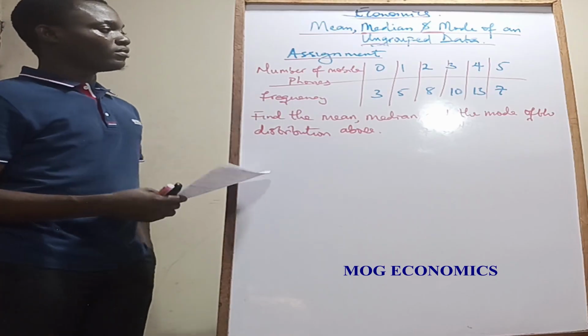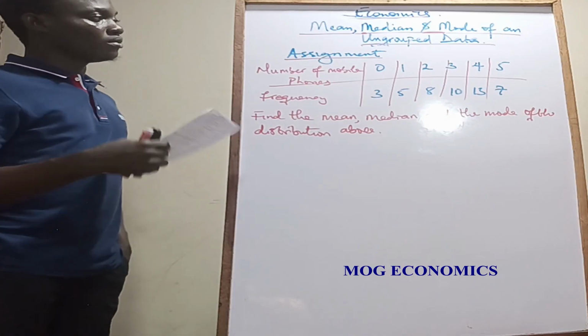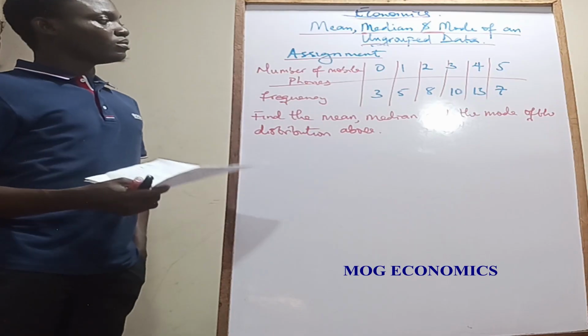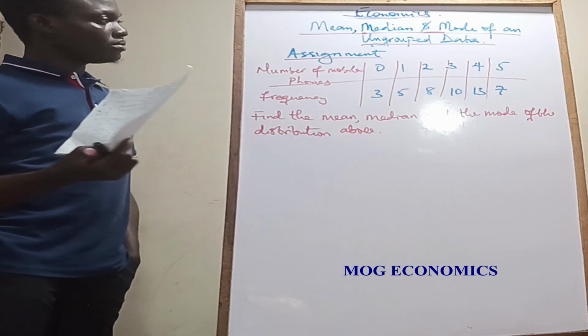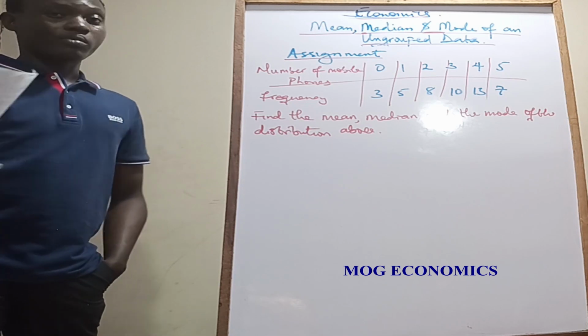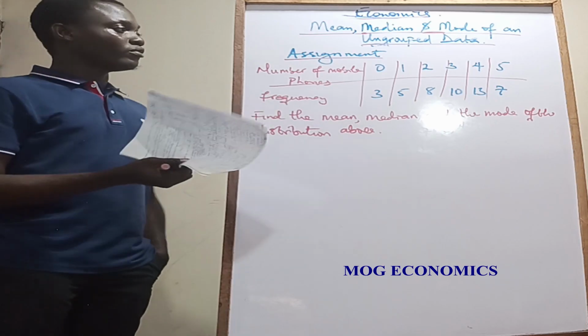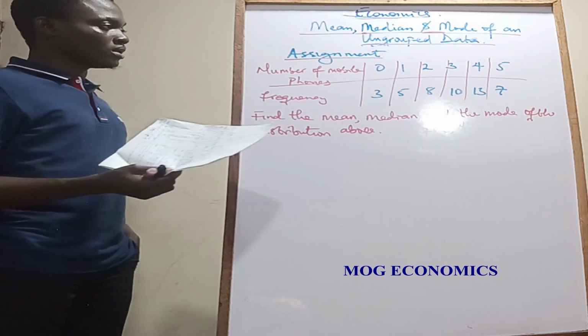Mobile phone 1, you have 5 of it. Mobile phone 2, you have 8 of it. Mobile phone 3, you have 10 of it. Mobile phone 4, you have 13 of it. And mobile phone 5, you have 7 of it. Anyway, number of mobile phones 0, 1, 2, 3, 4, 5. The frequency 3, 5, 8, 10, 13, and 7.